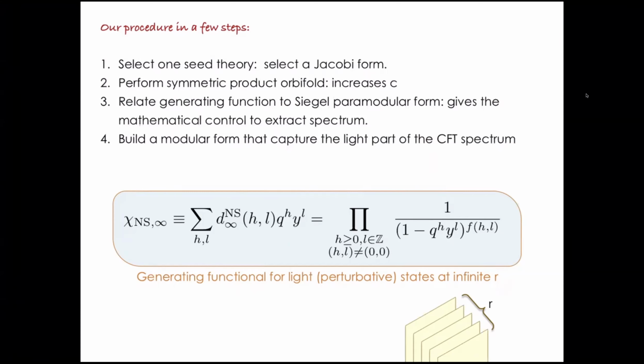Yes. Alejandra, sorry. If you take this number of copies to infinity, why should I not expect a divergence in this answer? No, there is a divergence and we removed it. That's why this answer already has the divergence removed.